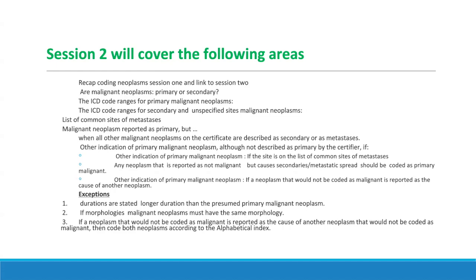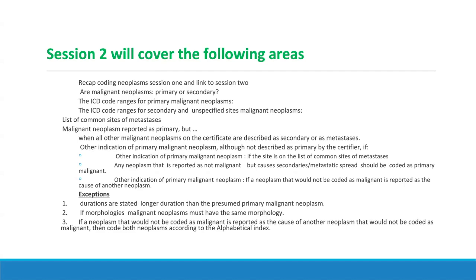Finally, we will describe 3 exceptions to these rules, including cases where the stated durations are longer than expected for primary malignant neoplasms, morphologies must match, and specific coding instructions for neoplasm not typically considered malignant.